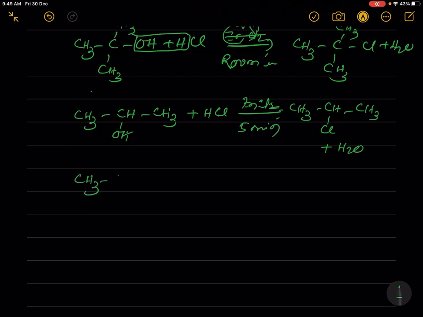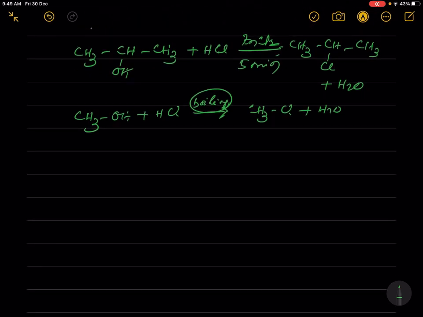Primary alcohol does not give alkyl chloride at room temperature. It needs boiling. So primary alcohol gives alkyl chloride upon boiling.